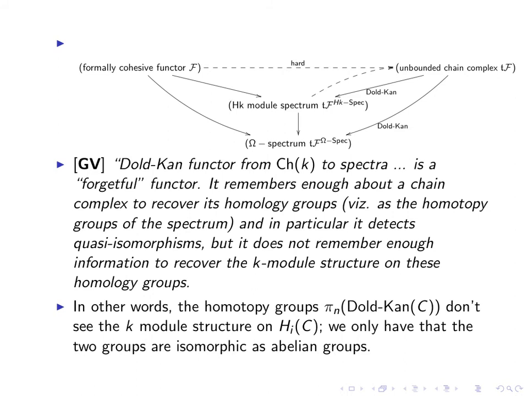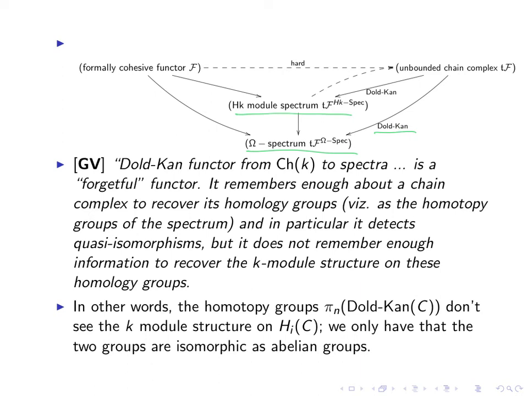So let's look at the picture that describes the strategy. We've basically explained this map from unbounded chain complexes to omega spectra. Now, the original picture that I gave had us landing in something called HK-module spectra. And what Galatius and Venkatesh say is that this Dold-Kan functor from unbounded chain complexes to omega spectra, the one we've described so far, is a forgetful functor.